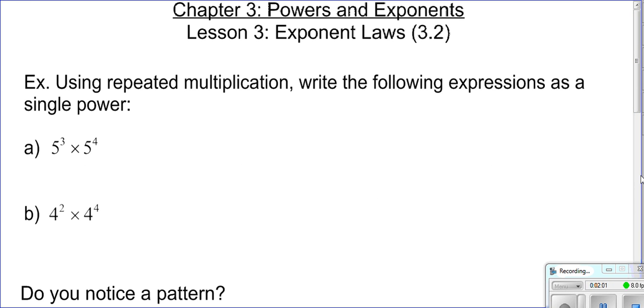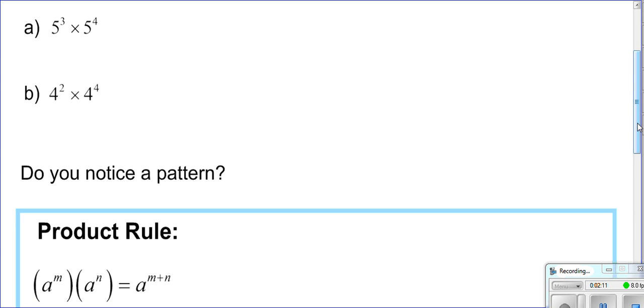So just as a reminder, let's write these out as repeated multiplication. And so we want to be looking at examples where we have the same base being multiplied. So in this example, our base is 5, and in this example, our base is 5 again. So we have 5 cubed times 5 to the 4. Okay, so we could solve those individually.